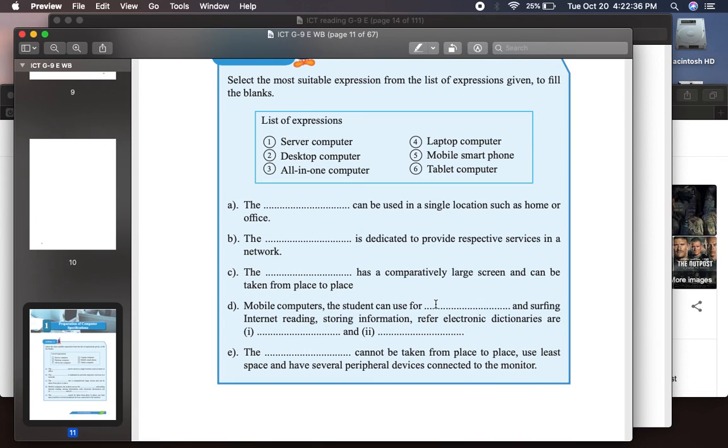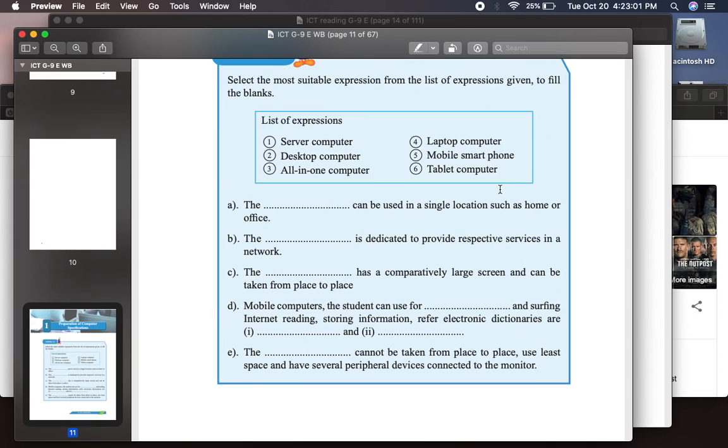So let's say the first blank for mobile computers the student can use for homework, to do your homework, write your essays, to research about things, and these other activities. There are two expressions requested.